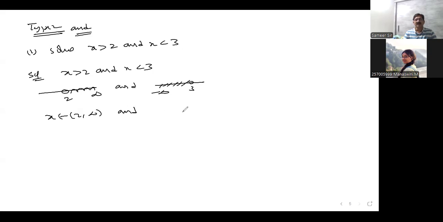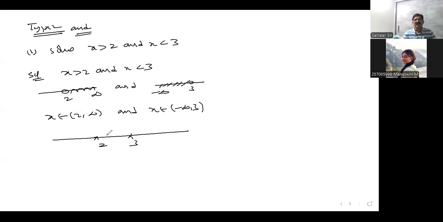And x belongs to minus infinity to 3. If you plot on one line, this 2 is there, and here it is 3.